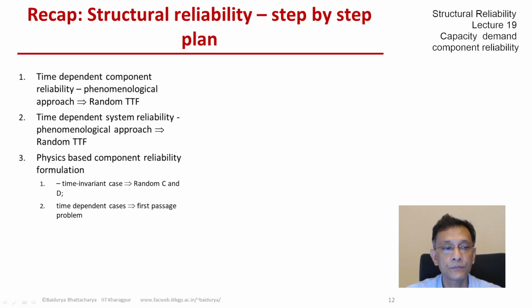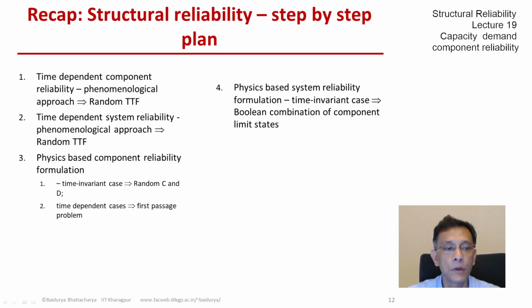And then, this is what we are starting now, the physics-based component reliability formulation. We will look broadly into 2 types, where the quantities are time invariant. So the capacity and demand, for example, are time invariant. We'll have 1 case there, and then 3 more cases that come under the time-dependent cases, and we will approach that step by step.